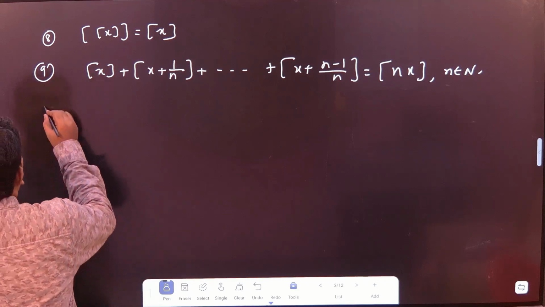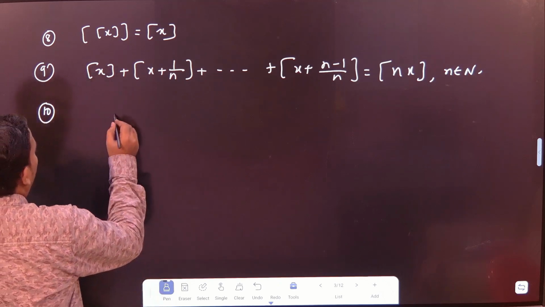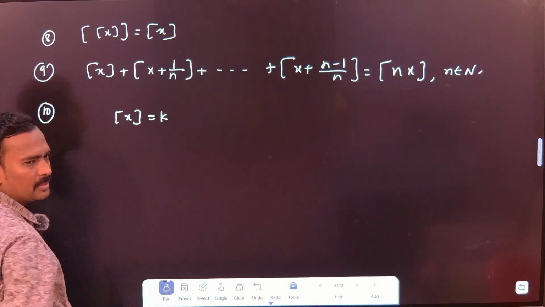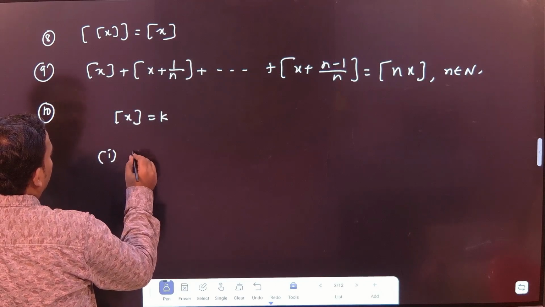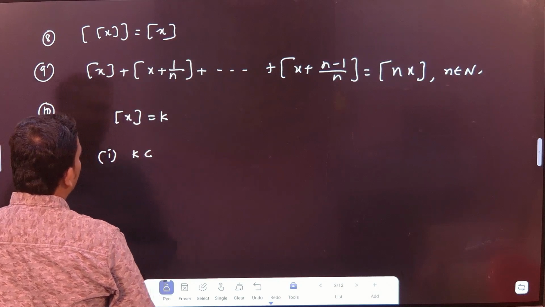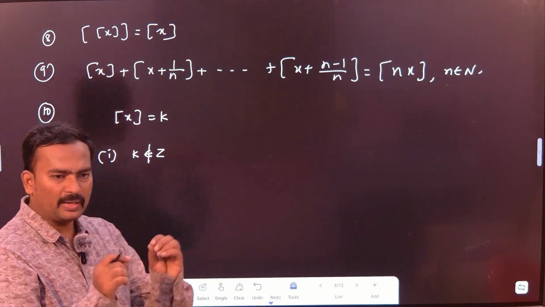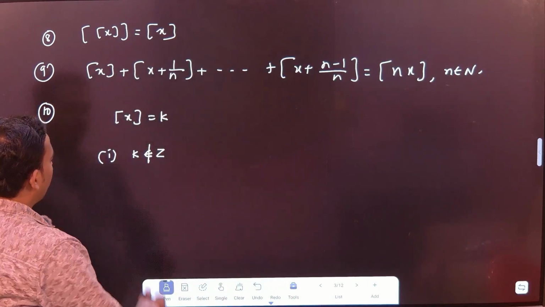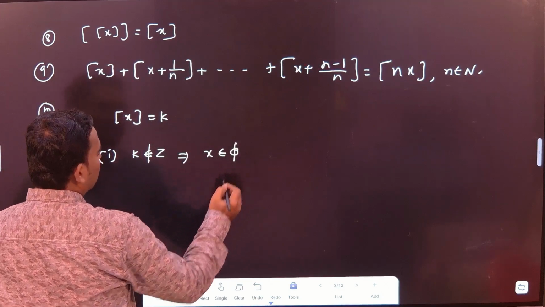Okay. Next, suppose the greatest integer function equals k, right? The first observation: if k does not belong to integer. You already know that the greatest integer value is always an integer, right? Suppose it does not belong to integer, is there any x value possible? x belongs to the empty set.